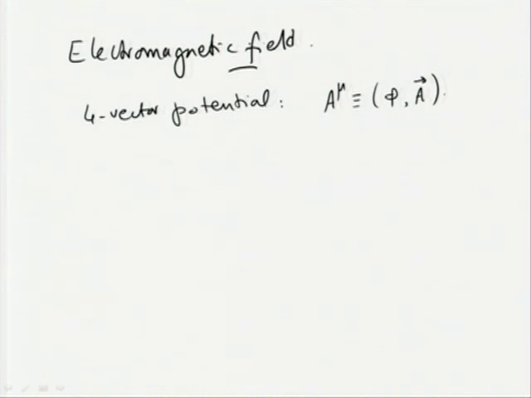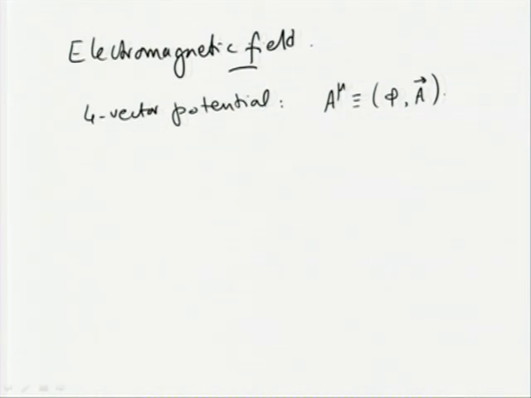Now, in classical electrodynamics we can consider the scalar potential phi and the 3-vector A in the non-relativistic case, and in relativistic classical electrodynamics we can consider them as components of the 4-vector A mu.